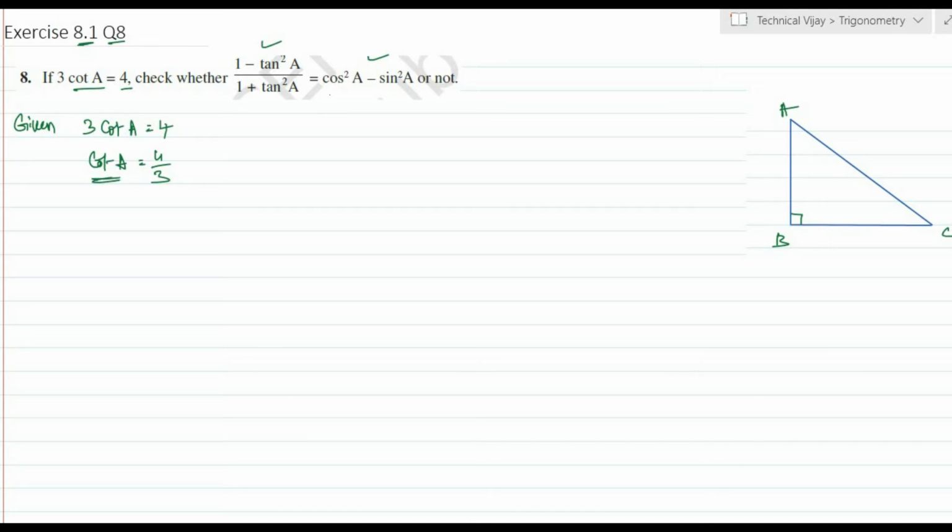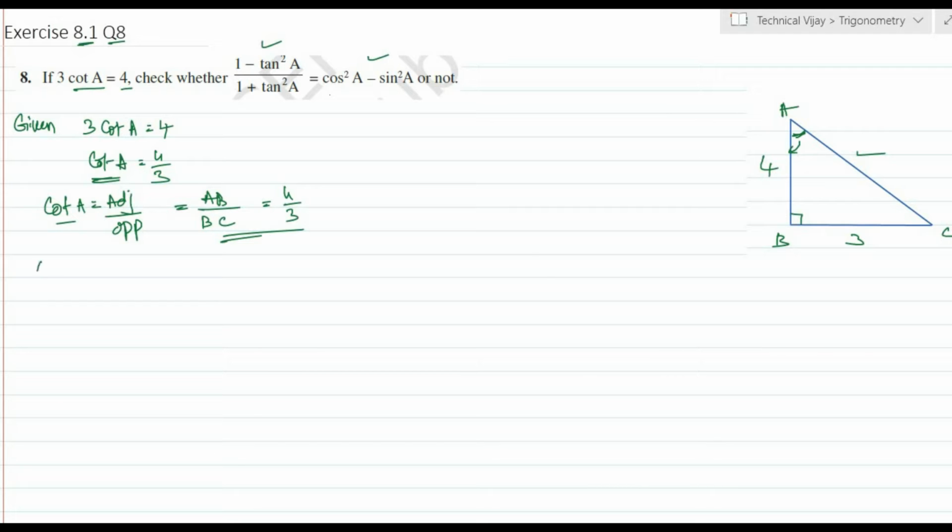So cot definition is, cot of A is equal to adjacent divided by opposite. Okay. So here cot of A, this angle, adjacent means this one, that is AB, divided by opposite means BC. Okay. This is compared with 4 by 3. Okay. AB is equal to 4. This is equal to 3. So this can be calculated, and of course it will come to 5 only.